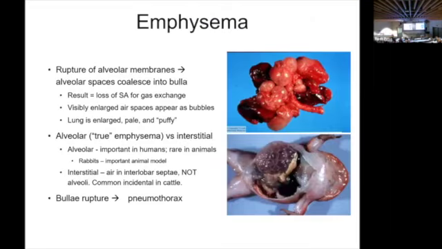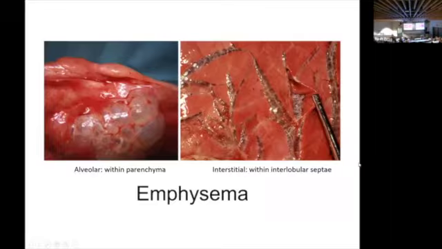So that type of emphysema is much more common in animals. True or alveolar emphysema, these lesions here are quite uncommon in animals, but they're very important in humans. Smokers get this, you destroy enough septa and you get emphysema. That's how that works. And then another possible consequence of this is these can eventually rupture and give you a pneumothorax.